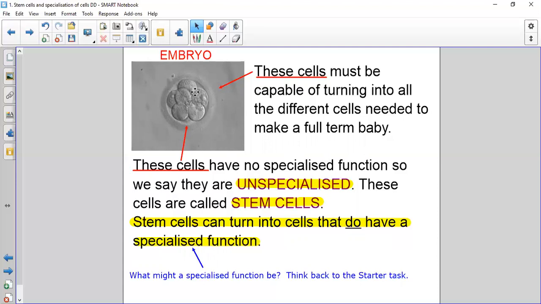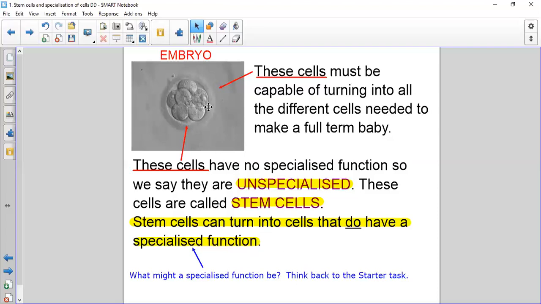We would describe them as being unspecialized, but the name of them is stem cells. These cells here, they're found in an embryo and they're called stem cells, or we could call them embryonic stem cells. And stem cells can turn into any type of cell with a particular function.